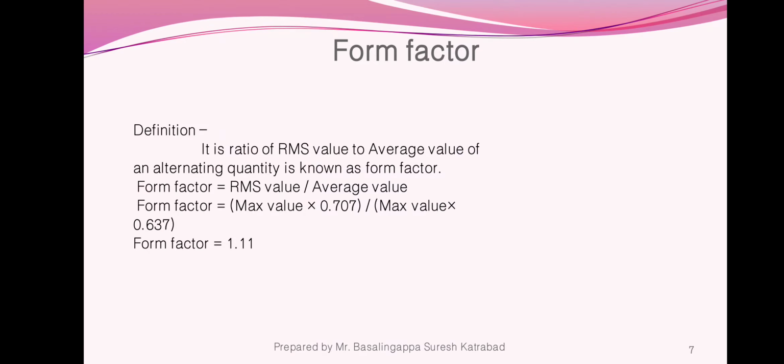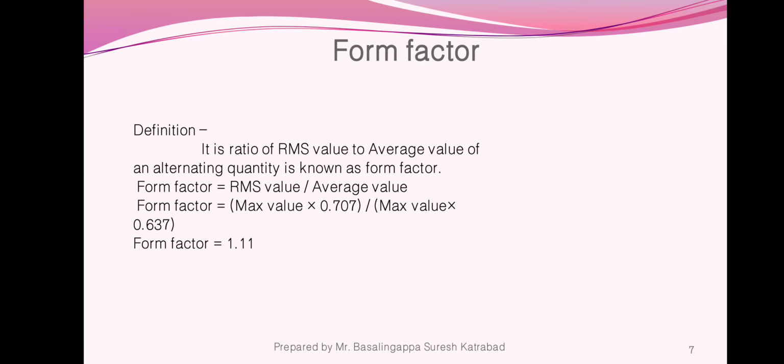Next, form factor. It is defined as the ratio of RMS value to the average value of an alternating quantity. Generally, form factor equals RMS value divided by average value. In mathematical form, form factor equals RMS value, which is maximum value into 0.707, divided by average value, which is maximum value into 0.637.